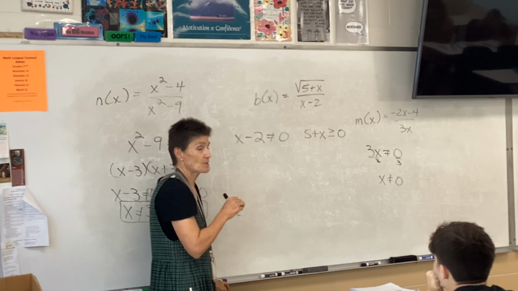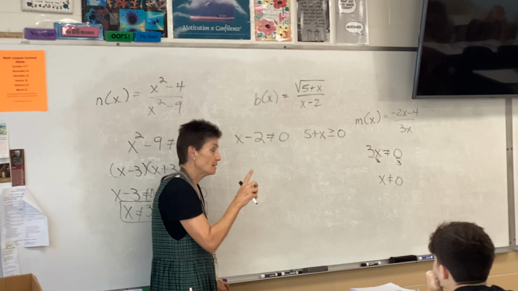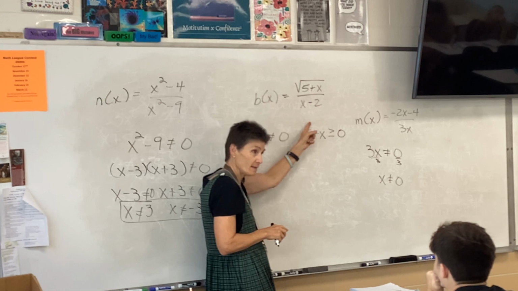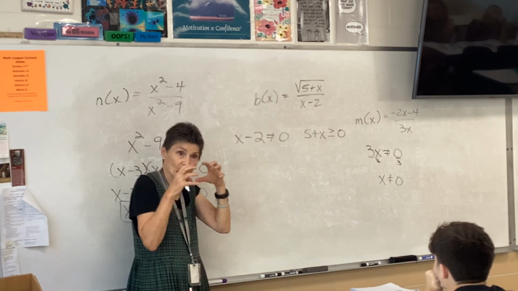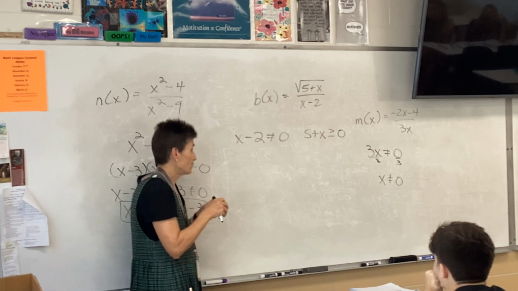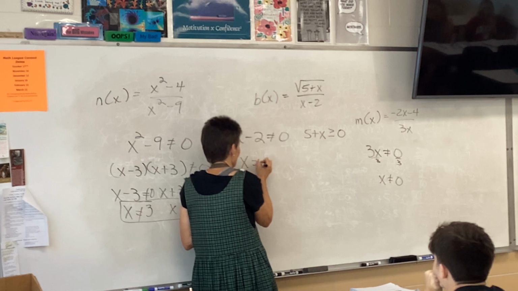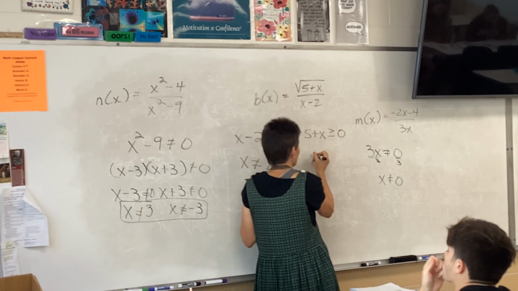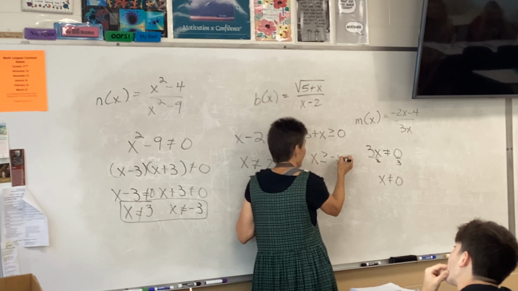This domain is going to be in 2 parts because you have a radical and you have a denominator, and those are both domain rules. All right, so what does this mean? This means x cannot be 2. And this means that x is greater than or equal to -5.